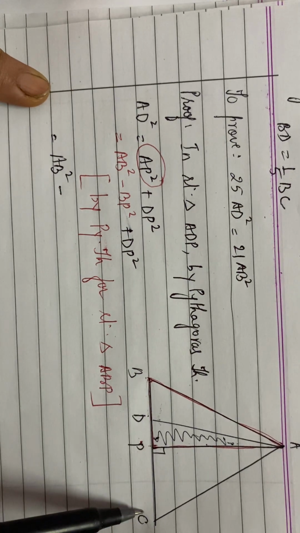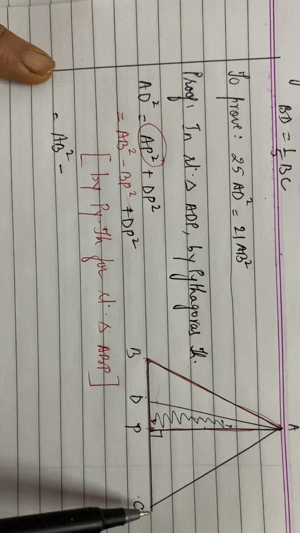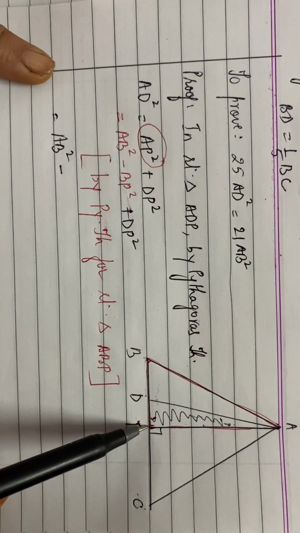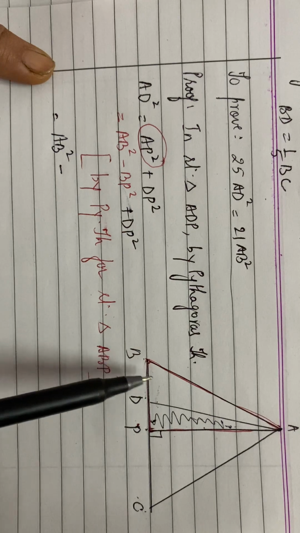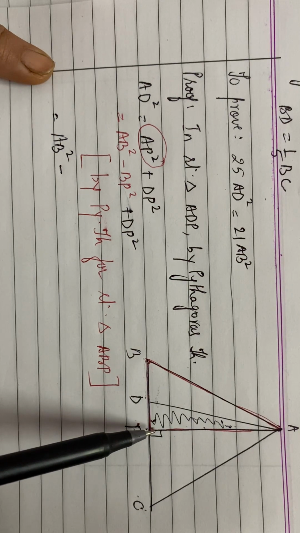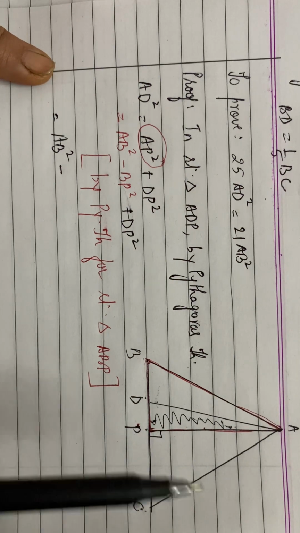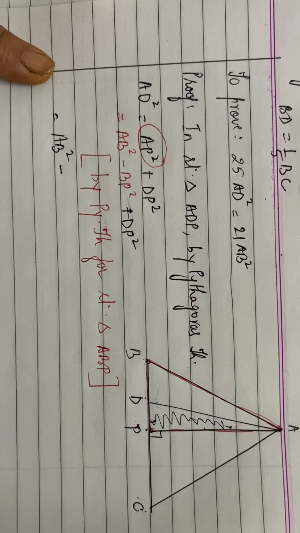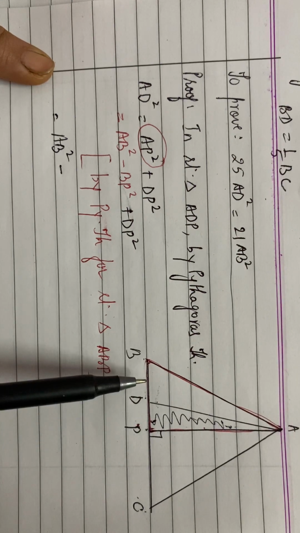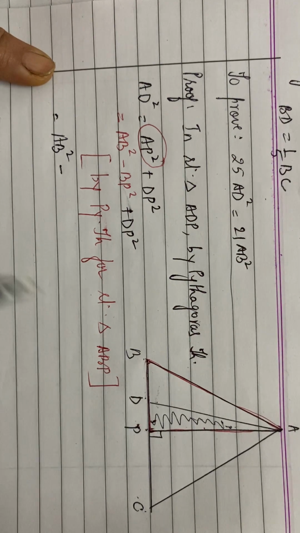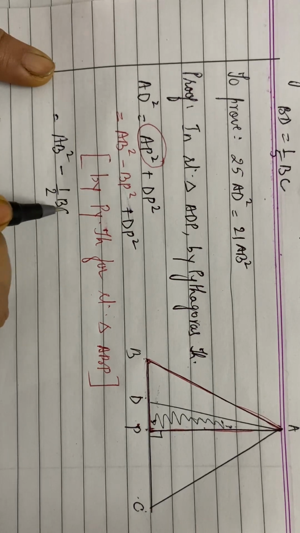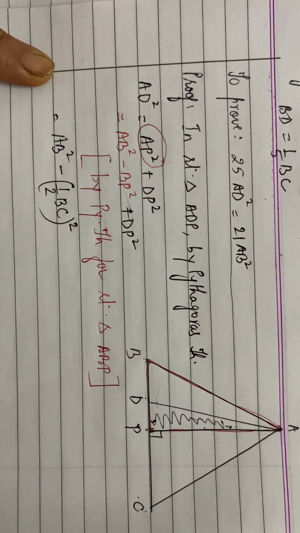BP is a part of BC, where triangle ABC is an equilateral triangle and AP is perpendicular to BC. In the previous sum also I said for an equilateral triangle, the altitudes, the medians, the perpendicular bisectors and angle bisectors are one and the same. So this P becomes the midpoint of BC. So BP will be half of BC. So here we are going to put half BC whole square.